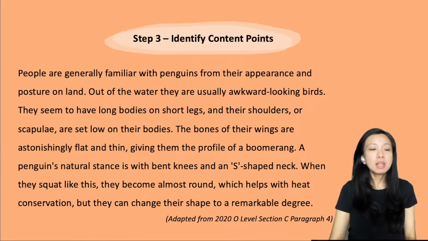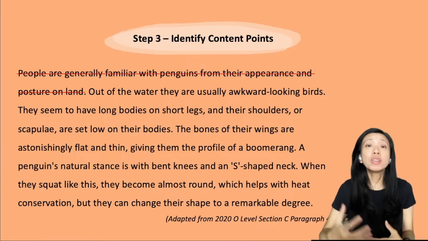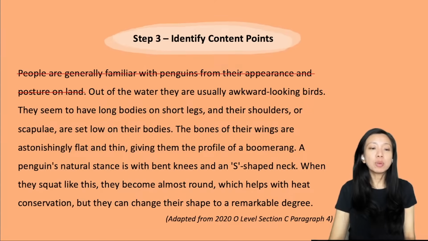Starting with the first sentence, people are generally familiar with penguins from their appearance and posture on land. Now this is definitely not a content point because it's just a general statement. It doesn't actually tell us the appearance or the actual behavior of these penguins. Going on to the second sentence, out of the water they are usually awkward-looking birds.